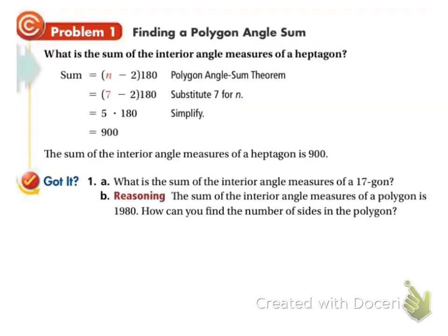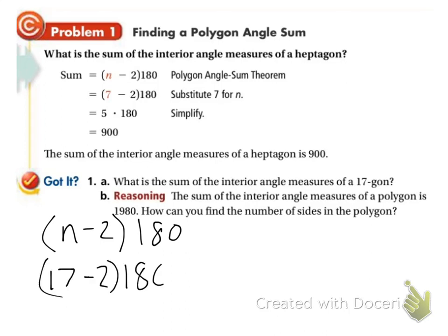Okay, so finding a polygon angle sum. Let's jump down to our got it problem. It says, what is the sum of the interior angle measures of a 17-gon? So we're going to plug in 17 to our n minus 2 times 180. So this is 17 minus 2 times 180.